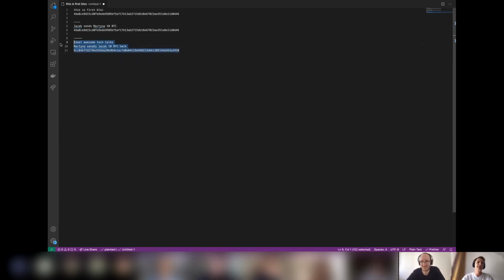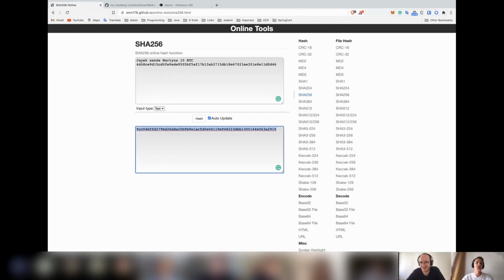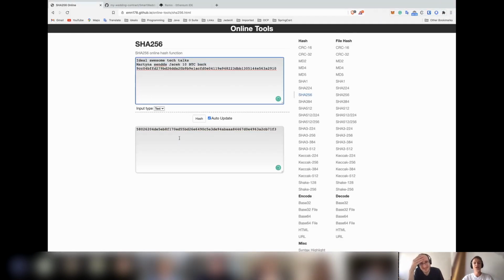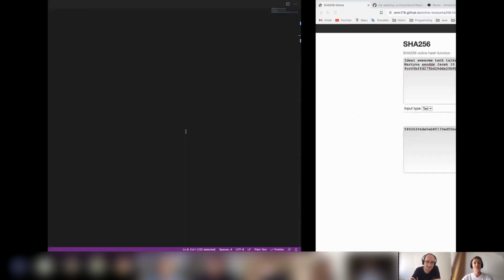And we take all that stuff, we hash it, and we've got a completely new hash. It means that in case I changed any byte in this string, the initial hash will be completely different.